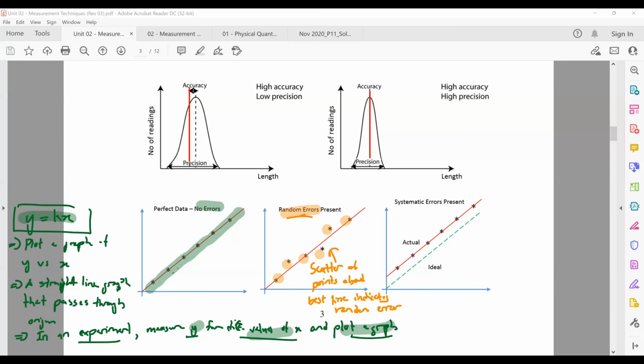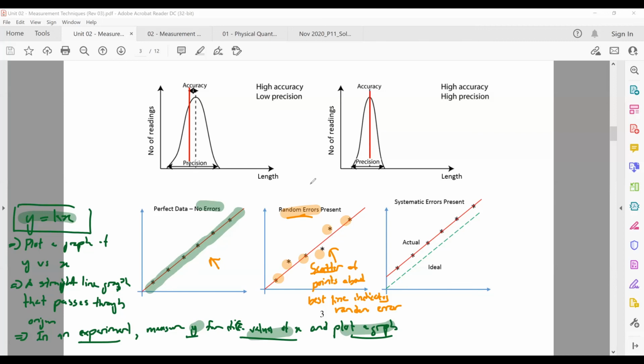If you don't see scatter of points about a line, instead the points describe a nice straight line like this, this one has no random errors whatsoever. But if you see there's a scatter of points about your best fit line, this one is already telling you that you have random error.